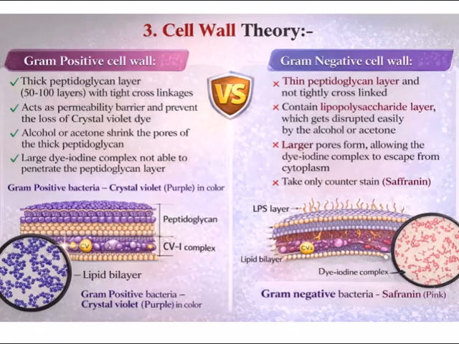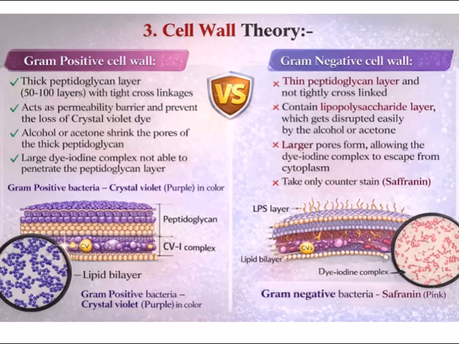Mechanism of dye retention: crystal violet and iodine form a large crystal violet iodine complex inside the cell. During decolorization, alcohol or acetone dehydrates the thick peptidoglycan, causing shrinkage of pores. The shrunken pores trap the crystal violet iodine complex, preventing its escape.